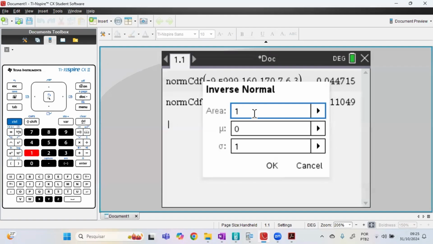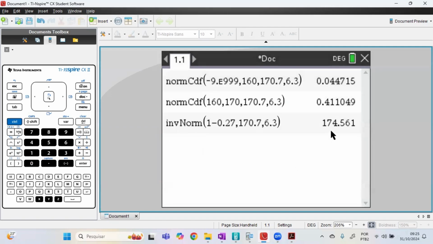We have to put 1 minus 0.27. And then the mean, 170.7, standard deviation 6.3. Here, we don't have the idea of tail. The setting for this calculator is that it's always the area to the left. So we press OK, and then we get 174.56.